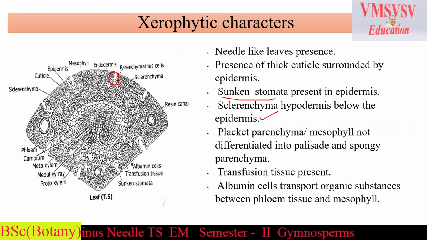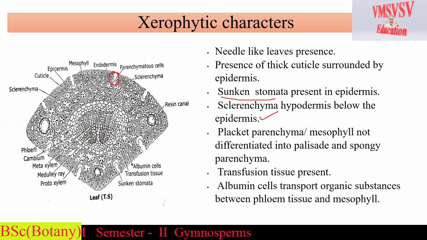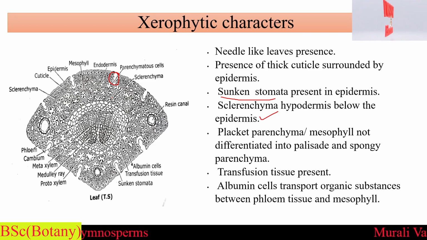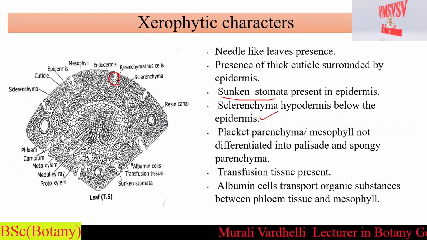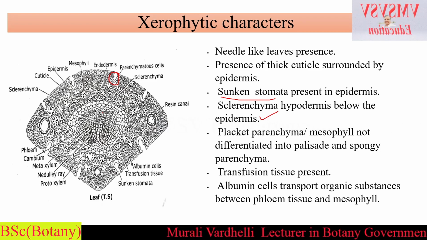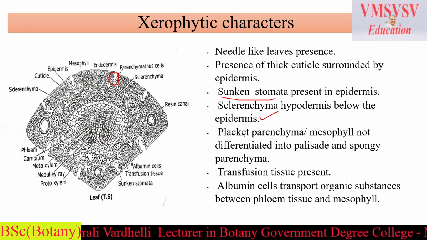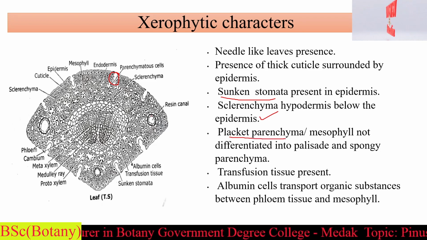But in xerophytes, it shows only one type of parenchyma, maybe palisade or maybe spongy. So in Pinus also, it exhibits only one type of parenchyma. So it is also one of the xerophytic characters. That parenchyma is armed parenchyma or plicate type of parenchyma.